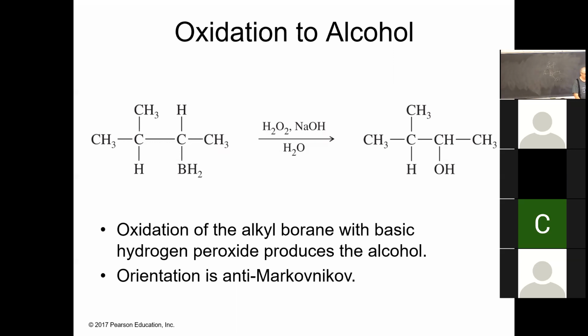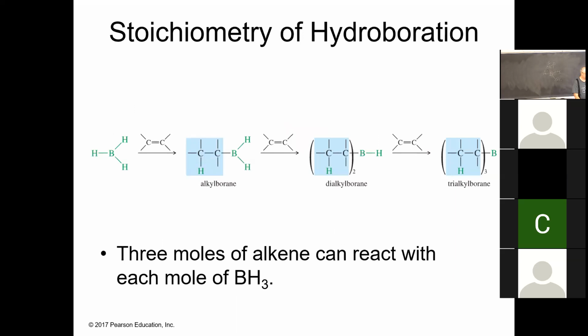And the orientation is anti-Markovnikov. Since borane has 3 hydrogens, the stoichiometry is such that 3 moles of alkene can react with 1 mole of borane. So before we do the oxidation, we actually have a trialkyl borane.